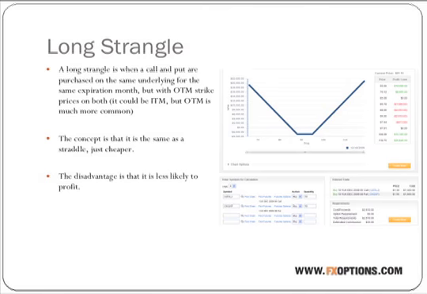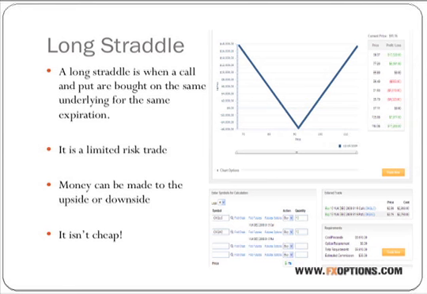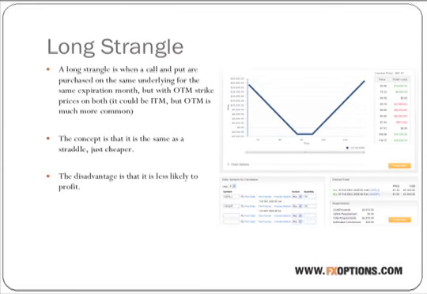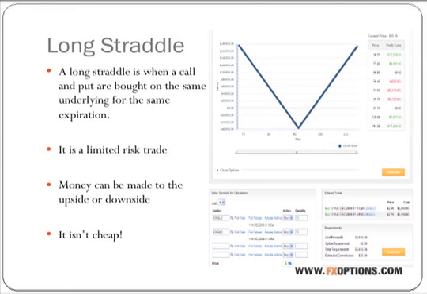On the straddle, I want you to look at that bottom point on the actual graph in the upper right-hand corner. If it just moves a little bit, you start to make money. On the strangle, you have a bigger flat point which you need the market to move beyond for you to start making money.